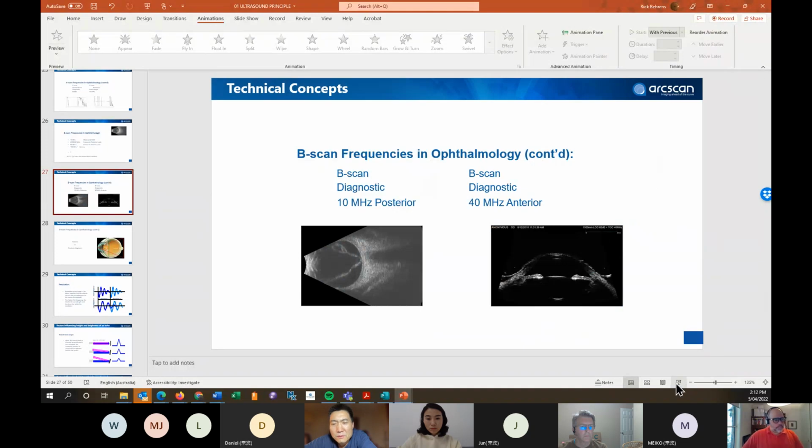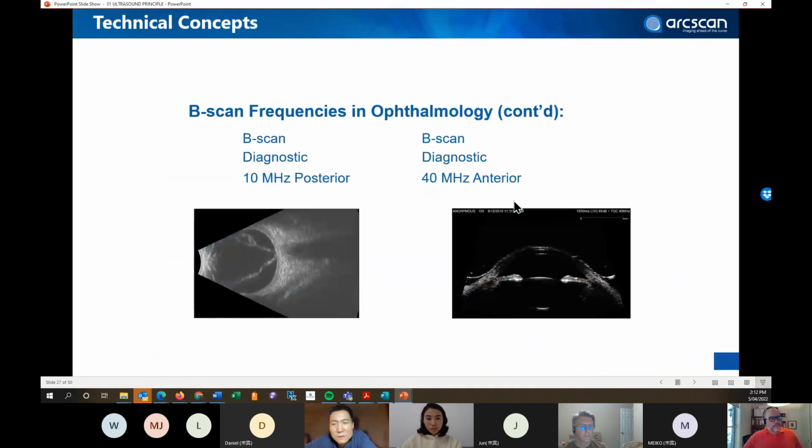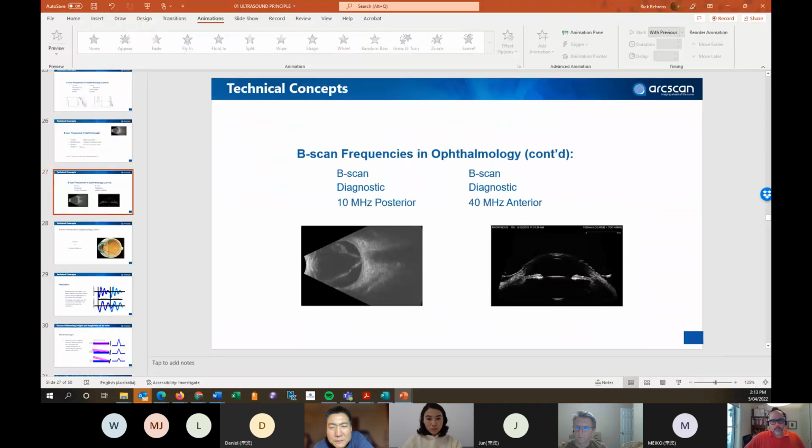This one is a really good image for an ultrasound. This is the iCube, okay? Look at it. It's not bad, but when you compare it against this, it still doesn't look good.